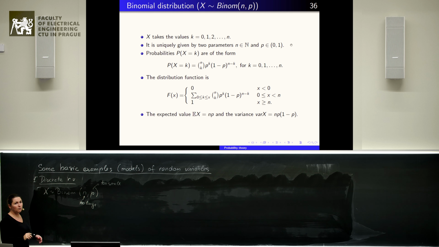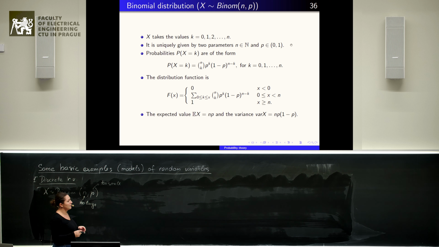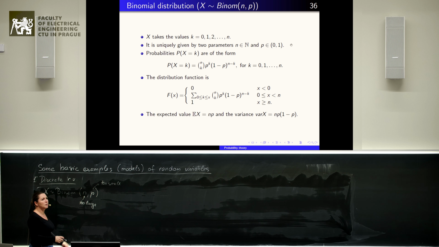For example, when you have some insurance, the insurance company has many contracts, and when you imagine, for example, some car insurance, then in these many contracts, there is quite small probability that there will occur an accident. So it means that the insurance company will have to pay something to the person of the concrete contract.